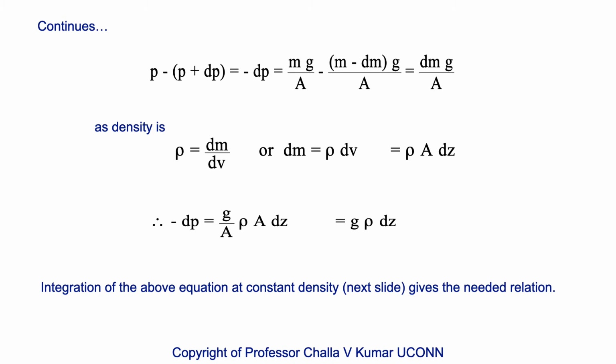Remember that if I have a gas column, the pressure is changing, and as the pressure changes, we know that the density of a gas changes. We have shown that in the previous slides. In fact, we're going to use that expression to replace rho in terms of pressure, shown in the next slide. Then we have the expression that we need to integrate to get the final answer we're looking for.